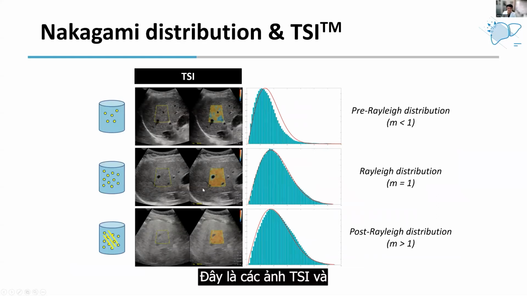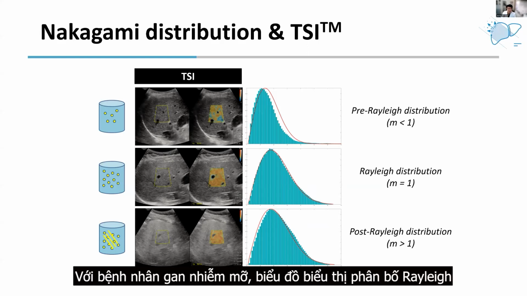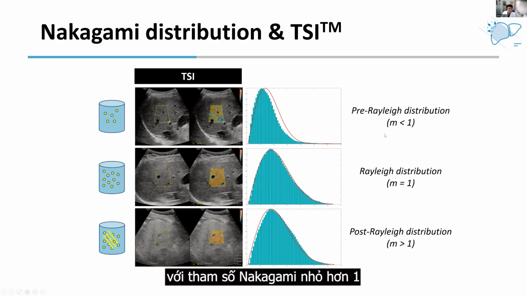Here are TSI images and corresponding histogram of the scattered background signals of various degrees of fatty liver. In patients without fatty liver, the histogram shows a pre-Rayleigh distribution with the Nakagami parameter below 1.